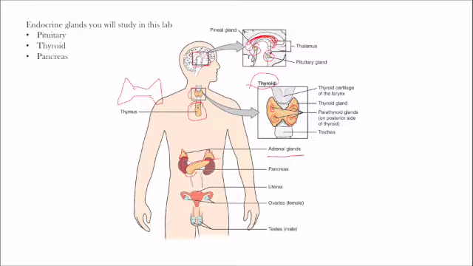Here you can see the pancreas, with the head of the pancreas, body, and tail portion. Female uterus, closer to that are the ovaries. Male testes.